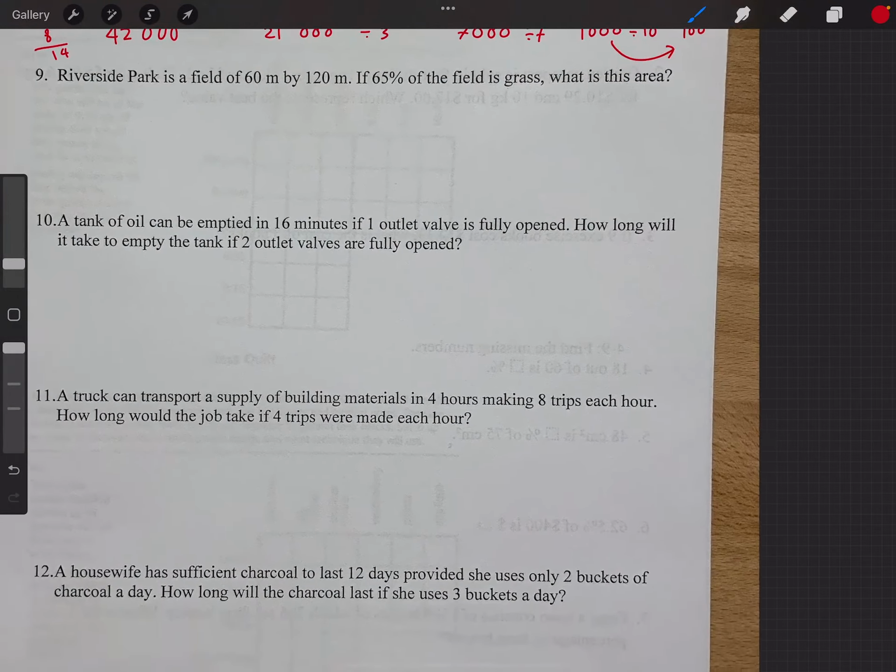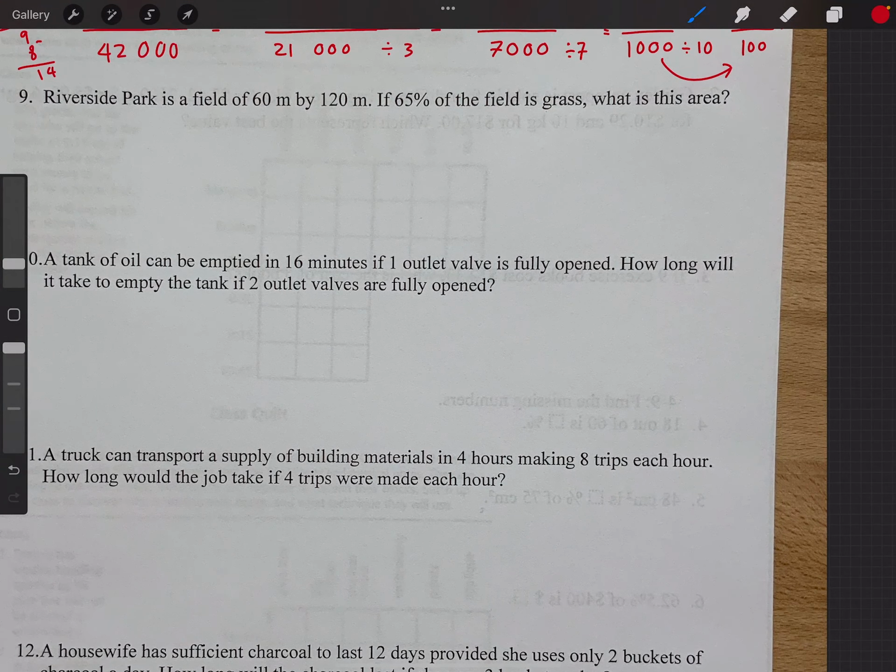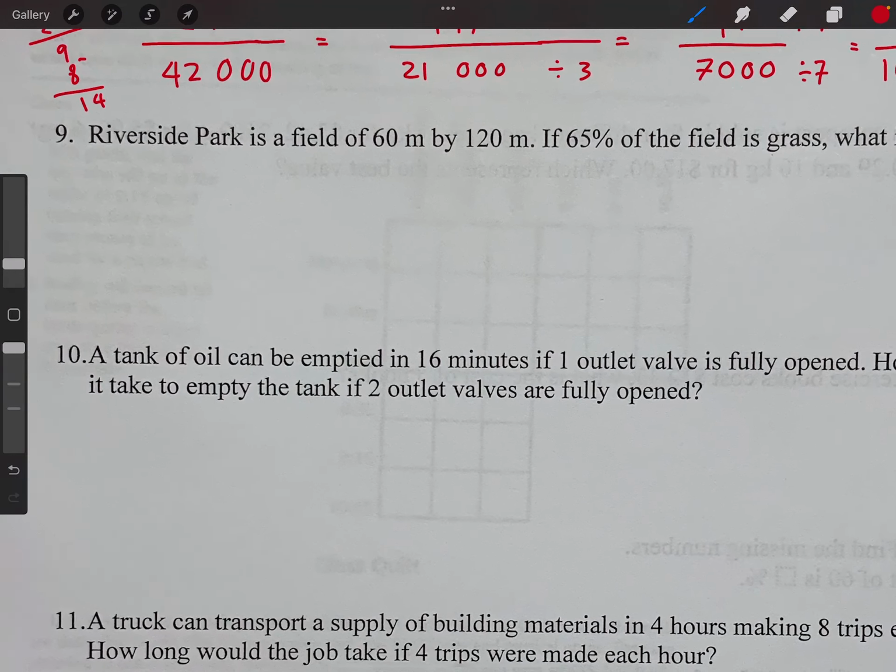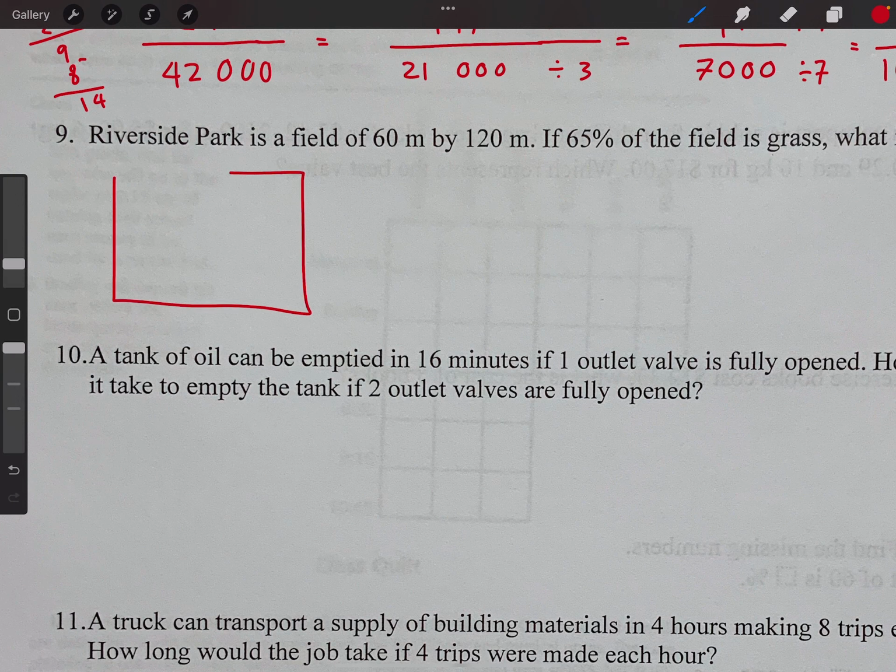Alright, next one. A riverside park is a field of 60 meters by 120 meters. If 65% of the field is grass, what is the area? So, we're given the dimensions of the park.